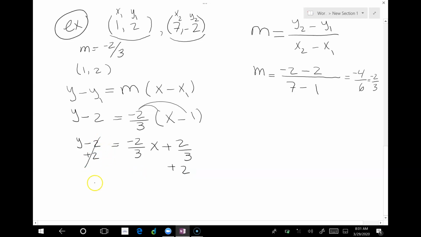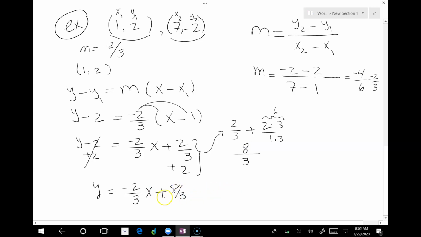So y is equal to negative 2/3 x, and then adding these two together, you can just do it up here. You take a common denominator and you add. Common denominator between 2 and 3 is 3. You multiply top and bottom by 3. So then that would be 2/3 plus 6/3, which is 8/3.